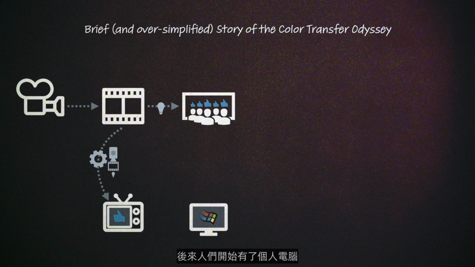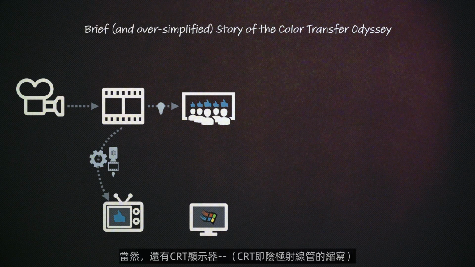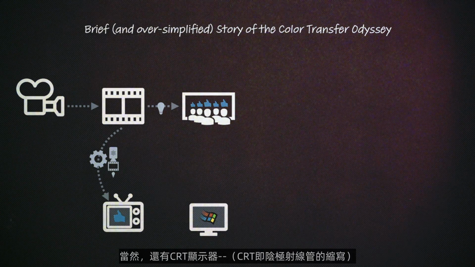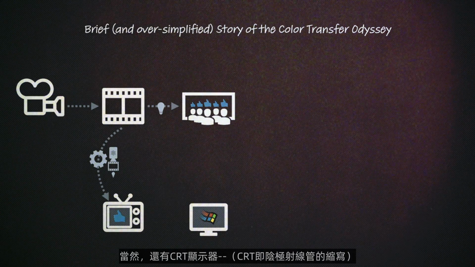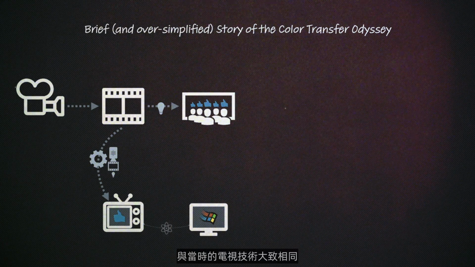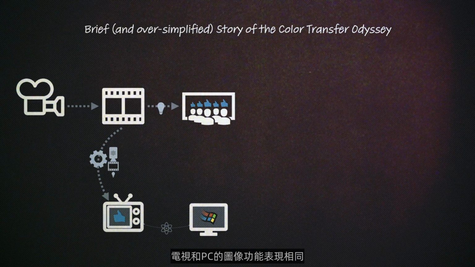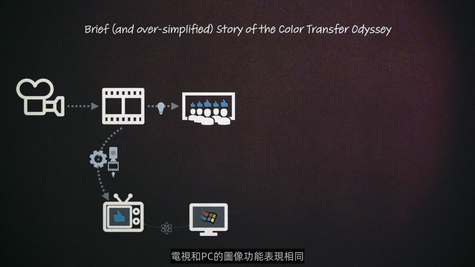But then, people started getting personal computers accompanied, of course, by CRT monitors, which stands for cathode ray tube. Roughly the same technology as the TVs of the time, so the image capabilities of both TVs and PCs behave the same.